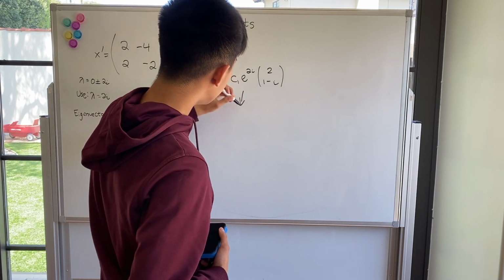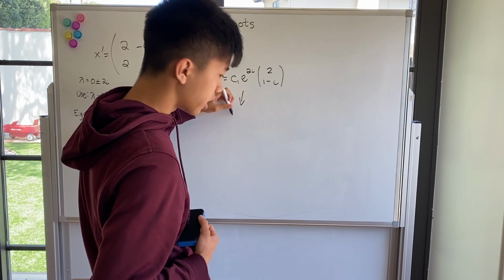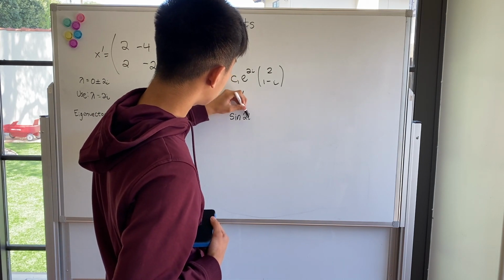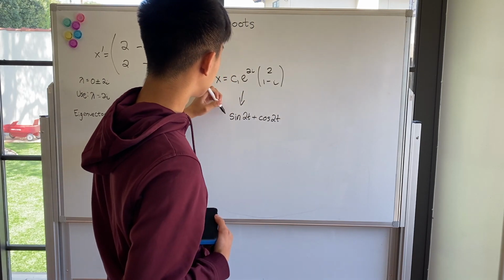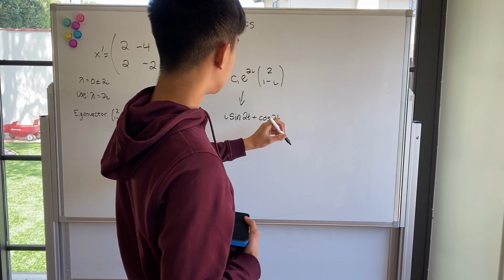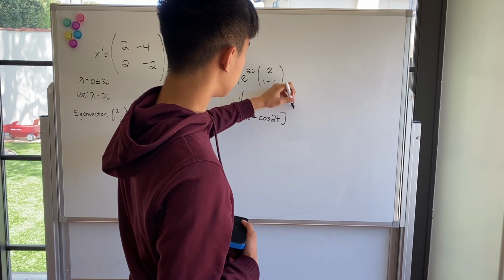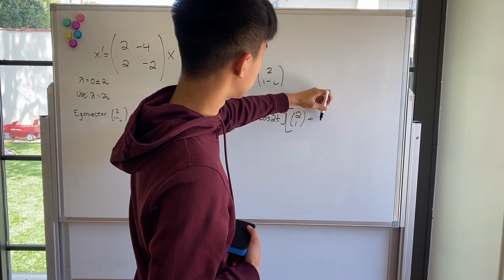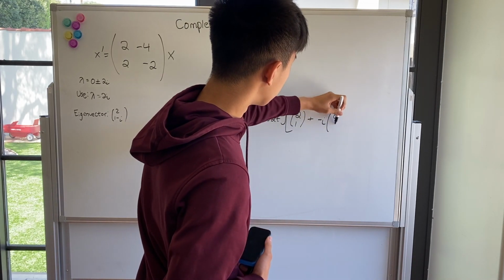So we have e to the 2it, which our identity says is equal to cosine 2t plus i sine 2t. And this 2, 1 minus i is equal to 2, 1 plus negative i times 0, 1.